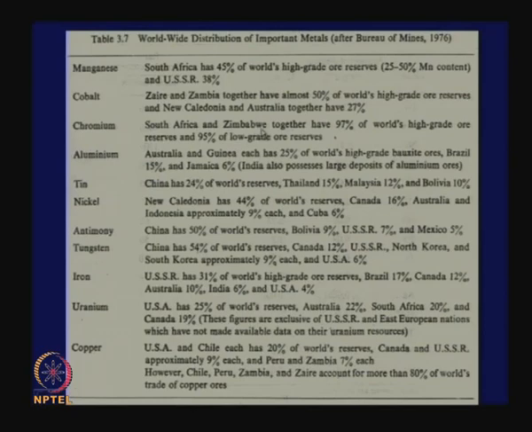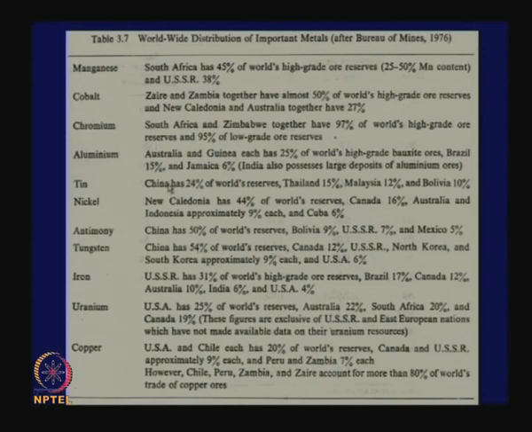South Africa, Zimbabwe has 97% of the high grade ores of chromium. Aluminum is where you will find mention of India. India has large deposits of aluminum ores, maybe not as much as some other countries like Brazil or Jamaica or Canada, but it is fairly large.